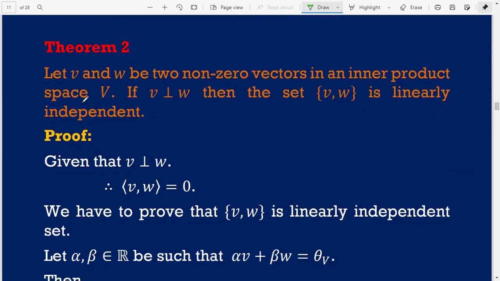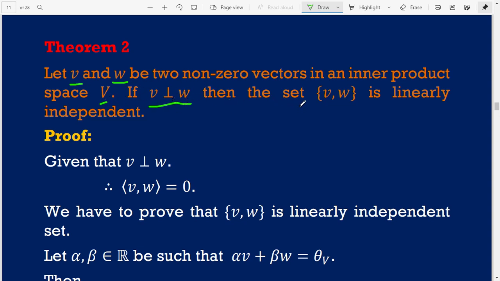Now second theorem. Let V and W be two non-zero vectors in an inner product space V. If both are orthogonal, V orthogonal W, here we have given V and W both non-zero vectors in an inner product space V, and both are orthogonal.